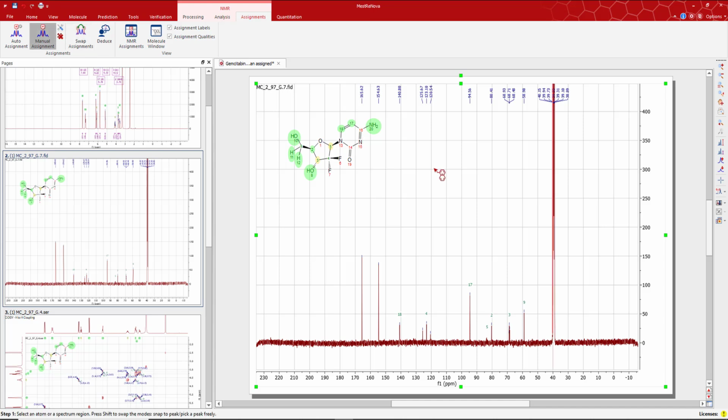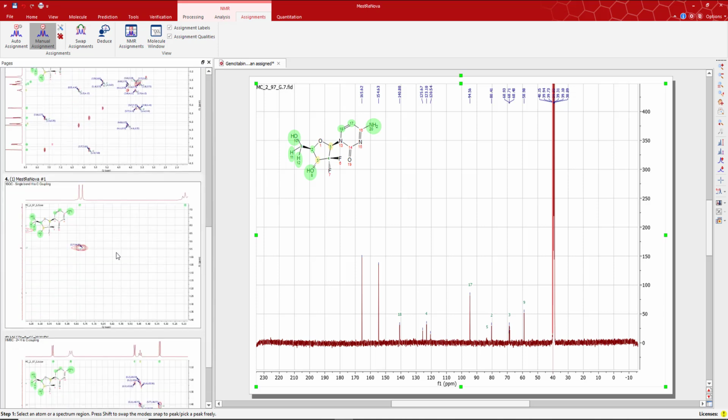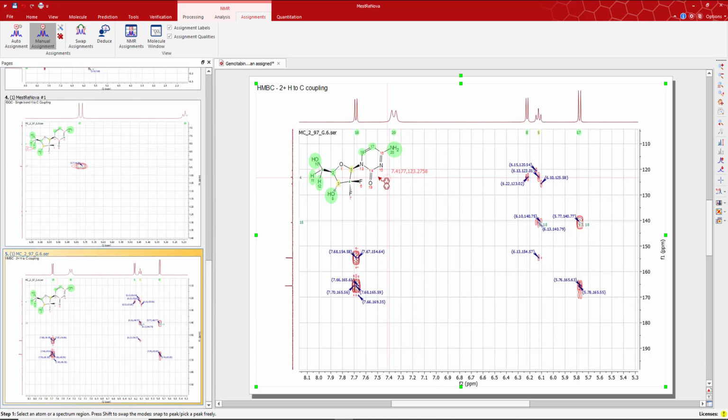But given what the HMBC has told us, we can now very confidently assign the carbon at 165 as the one that both of our protons saw. So just to double check, we can go back to the HMBC and we can see that yes, they both have a cross peak to the carbon at 165. The one at 154 is the one that only 18 saw.